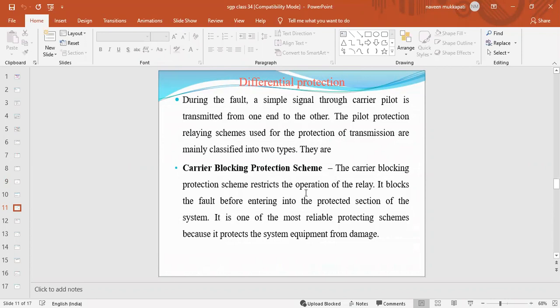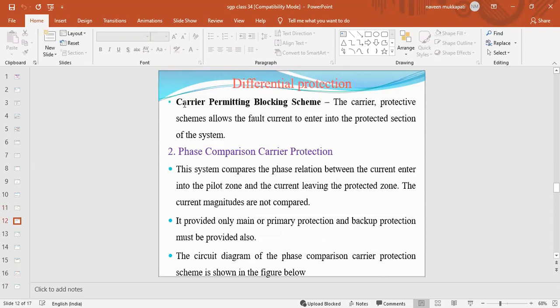The first one is blocking protection, where the carrier blocks the protection scheme, which means the fault does not enter the protected system. Next, carrier permissive protection means the fault current enters the protective system.